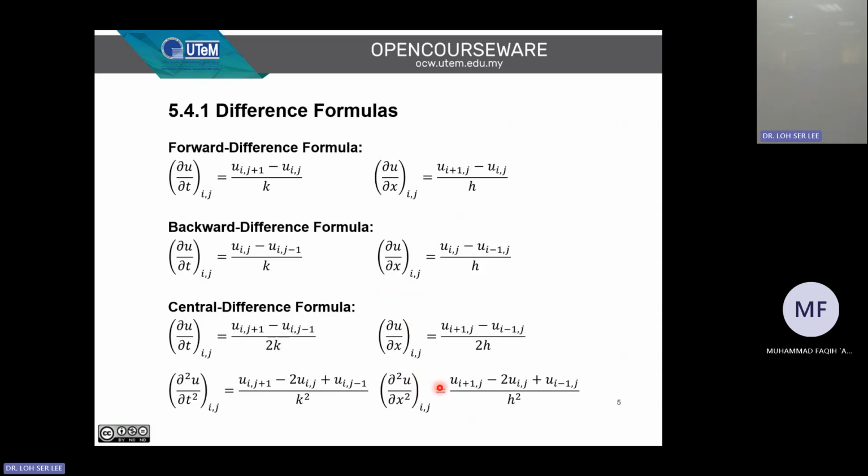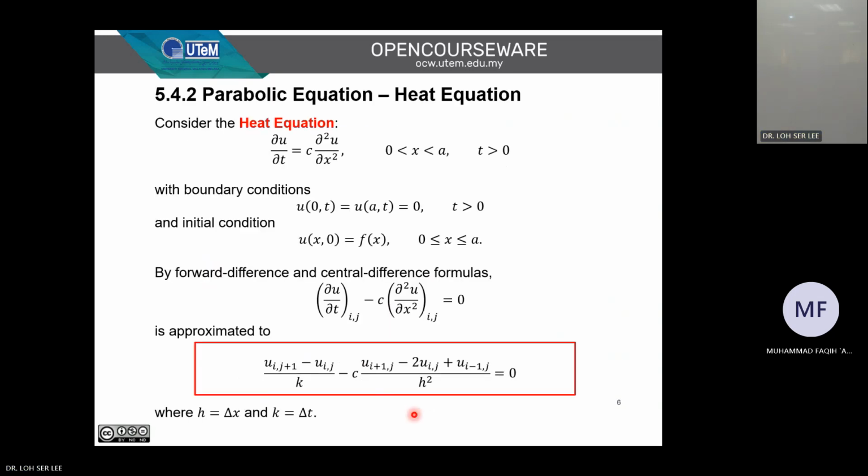The one for the second order we take from the central difference formula, while forward and backward are all first order only. In the questions, it will mention forward, backward, or central difference formula, so you just take the suitable one. That's why this one can be changed into this.